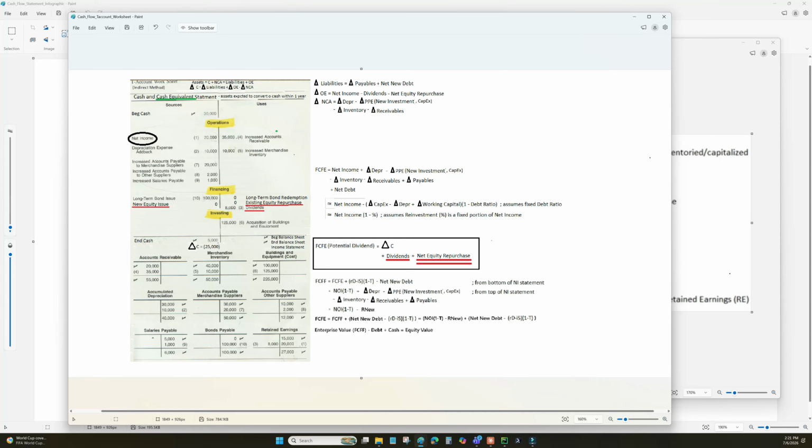So in this worksheet, I want to start here at the top and go back through the basic definition of accounting, where assets equal liabilities plus owner's equity. Assets can also be viewed as broken up between cash and non-cash, which equals liabilities plus owner's equity.